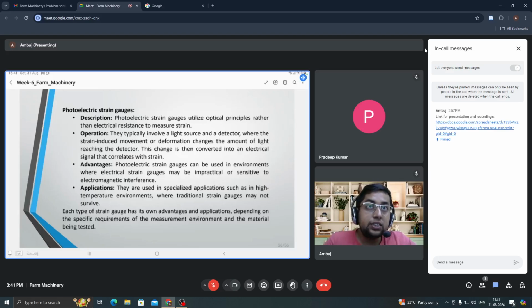Then that change has to be converted into an electrical signal, and the current or the voltage has to be measured. It can be used in environments where electric strain gauges may be impractical or sensitive to electromagnetic interference, and in high temperature environments where traditional strain gauges may not survive.